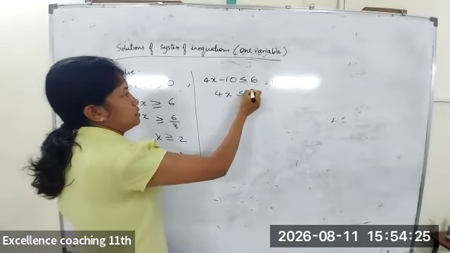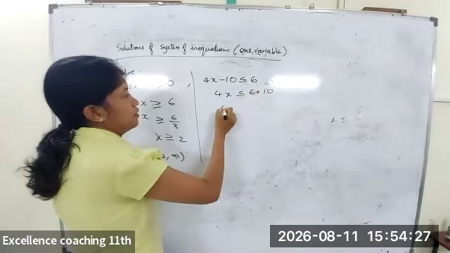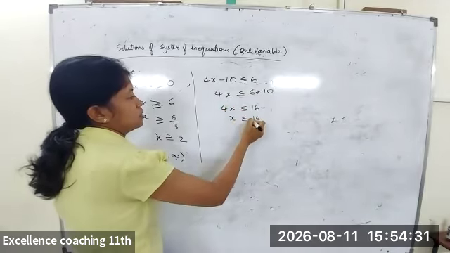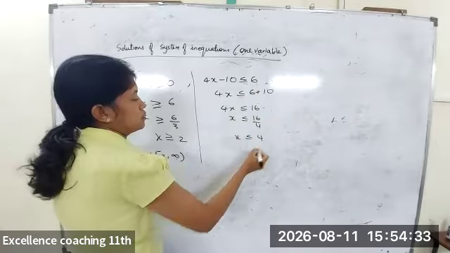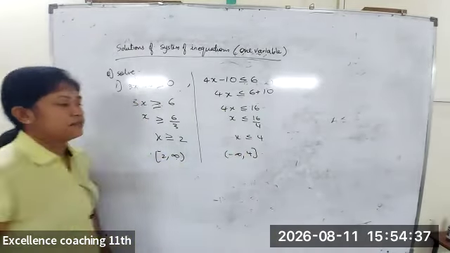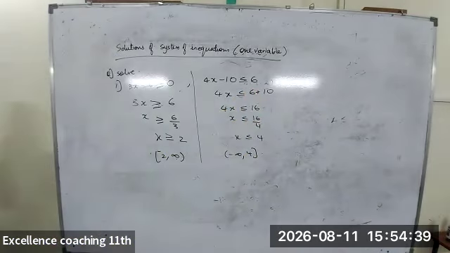Here this will be 6 plus 10 less than or equal to 16. X will be less than or equal to 16 upon 4, less than or equal to 4. So this will be like this. These are separate solutions. But when we say solve two inequalities, we have to find a common solution.